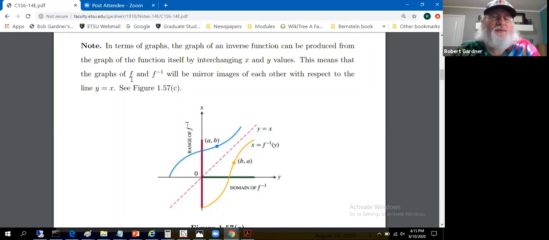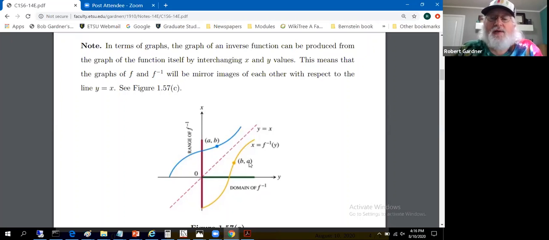That is, the graphs of f and f inverse will be mirror images of each other with respect to the line y equals x. So we've got a blue function, f of x, and the rumor has it this yellow function is its inverse function.